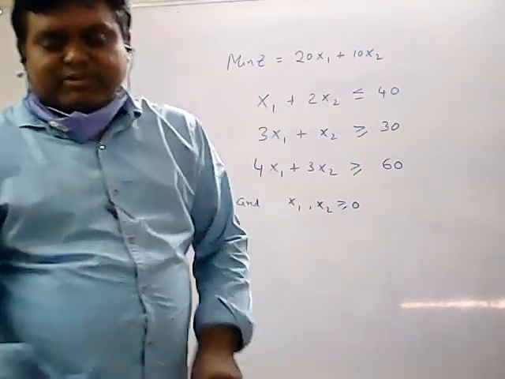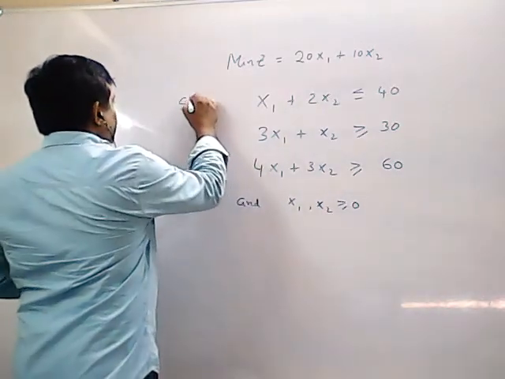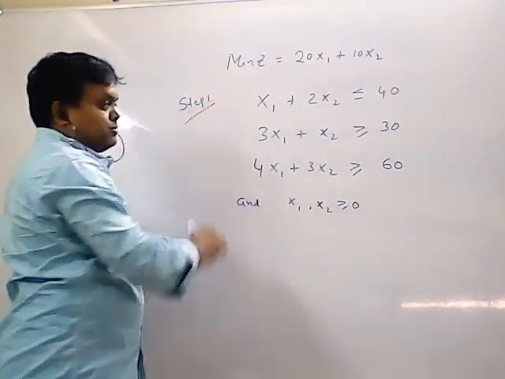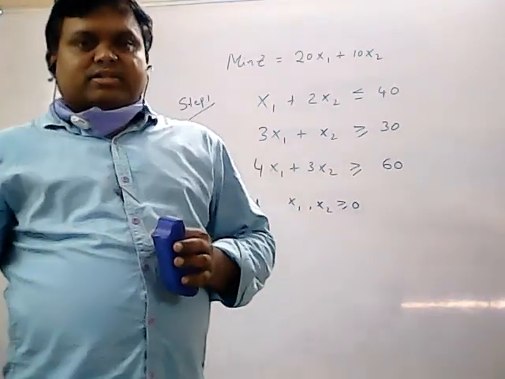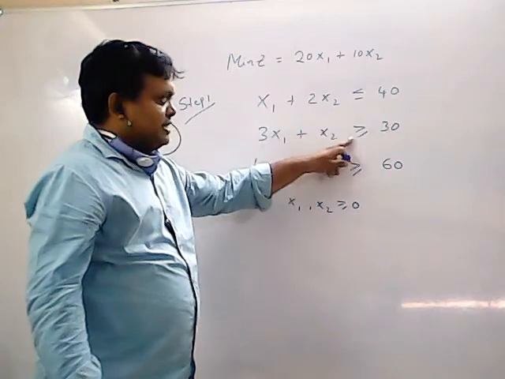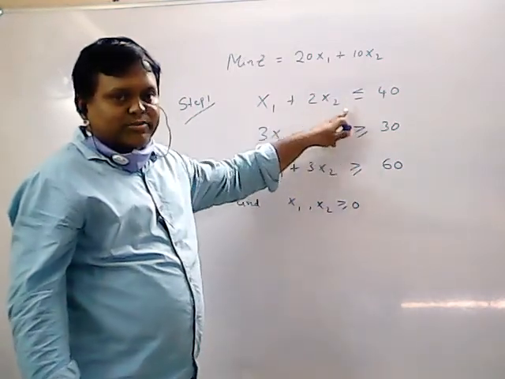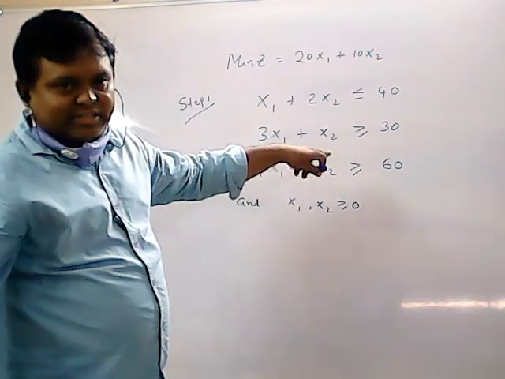So write down step number 1. What is step number 1 in graphical method? Convert all the inequalities into equality constraints. Whatever the inequalities are, either less than or equal to or greater than or equal to, they should be converted into equality type constraints in step number 1.